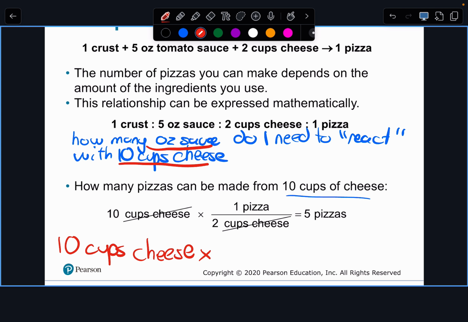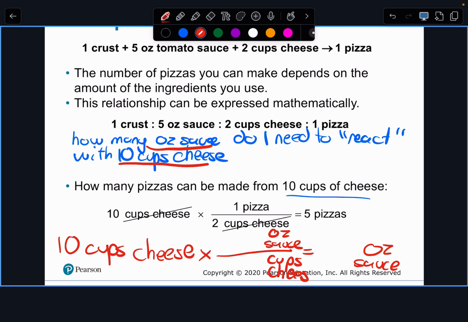Okay, so I'm starting with 10 cups of cheese. I'm looking for ounces of sauce. Just like in 90% of the problems in this class so far, I'm going to put the unit of the thing I'm trying to get rid of on the bottom, cups of cheese. I'm going to put the unit of the thing I'm trying to get to on top, ounces of sauce.